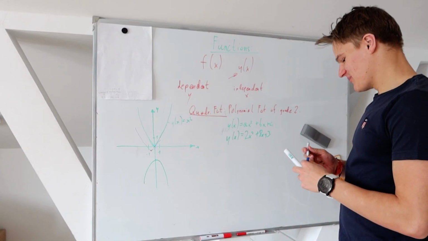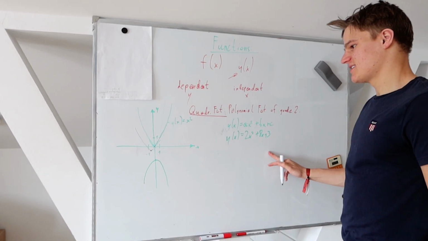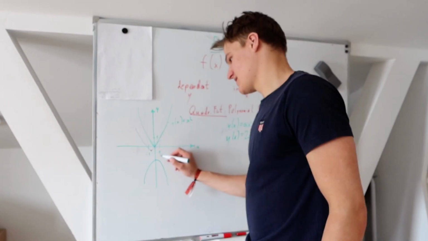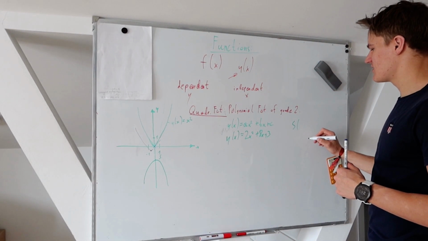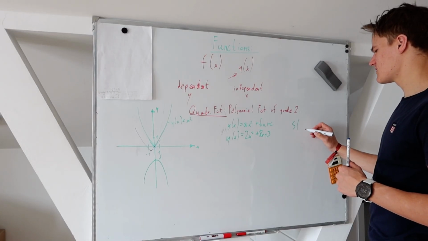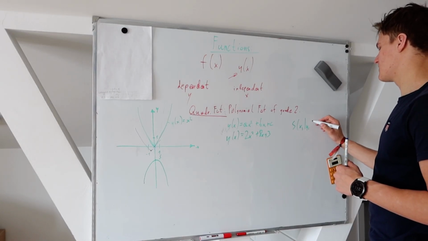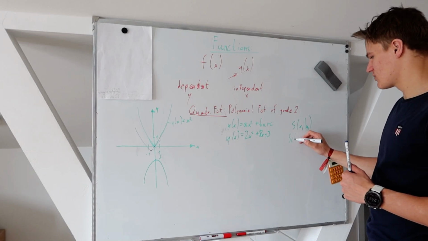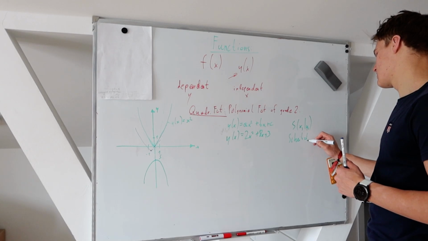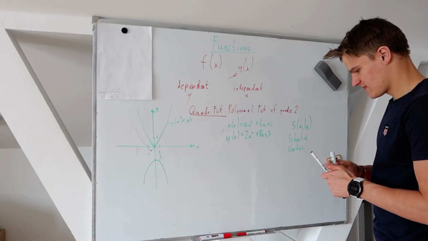So I'll actually write both meanings here in German as well as English. So we say S, and we put two brackets and we have XS and YS. These are the two coordinates where the vertex is, right? Good.